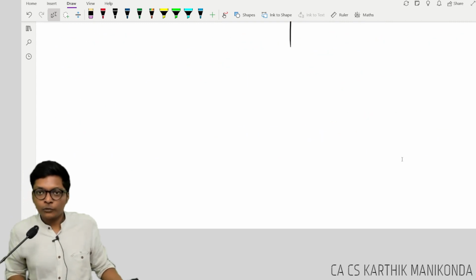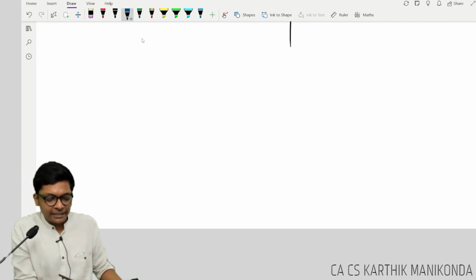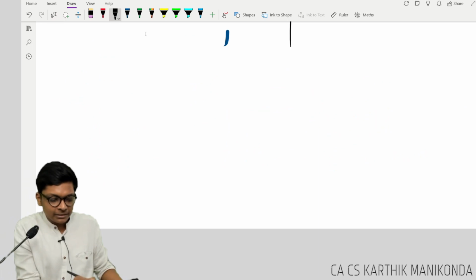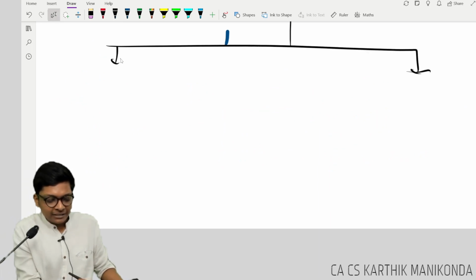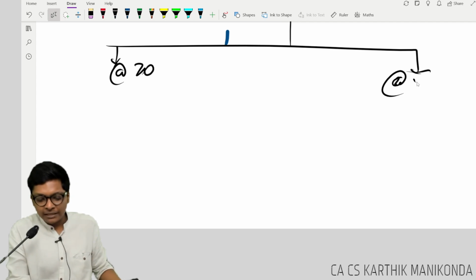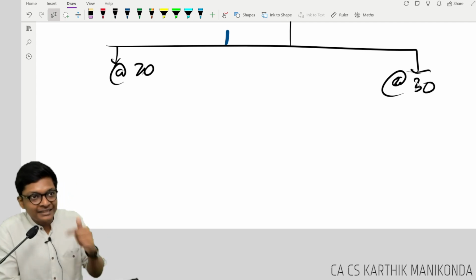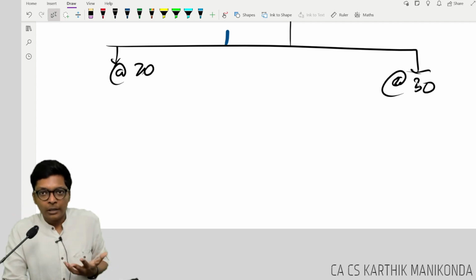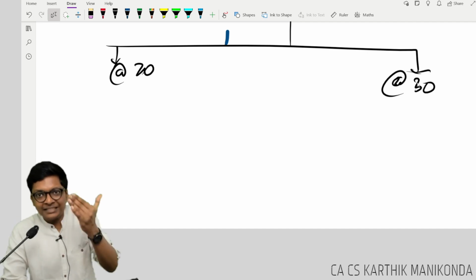Let's look at Sumaya. When Sumaya is buying, 2 cases. Sumaya is buying at 20 from Radharam without dividend. Sumaya is buying at 30 with dividend she is paying. She doesn't know because the market has inflated the share price.